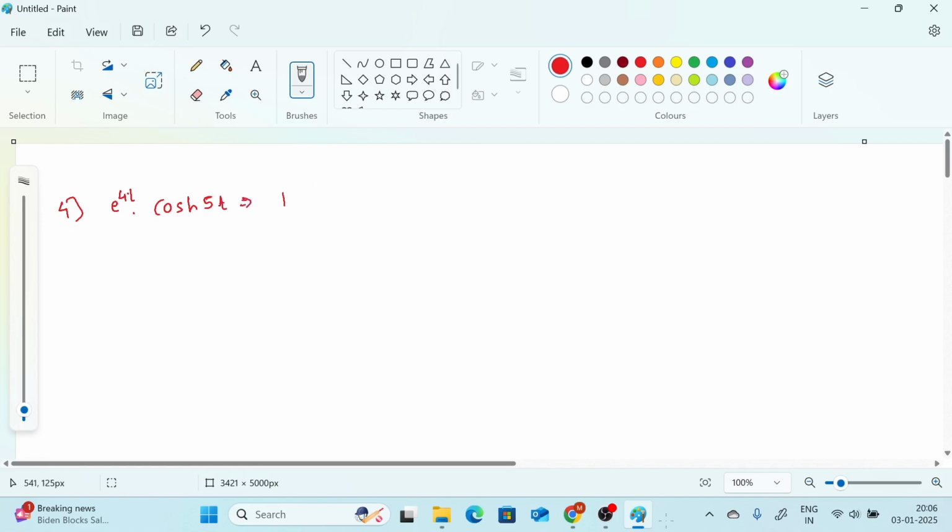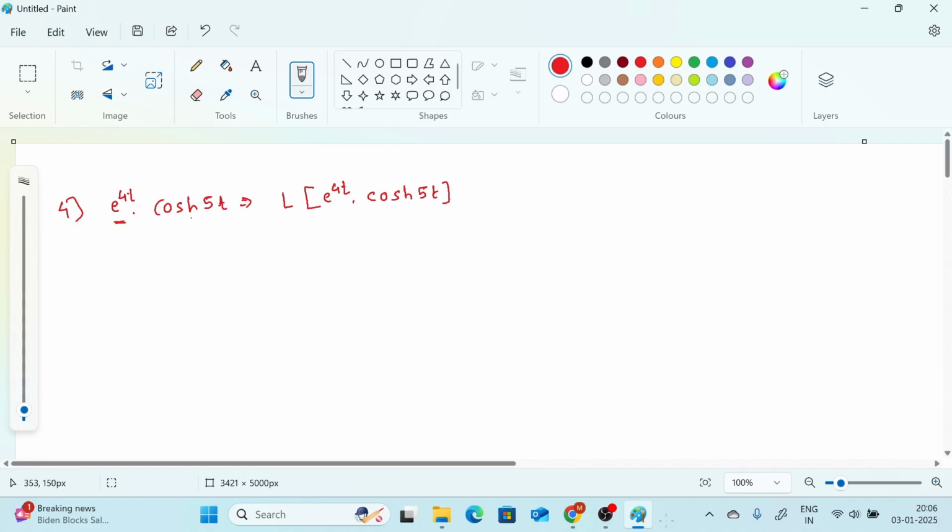Now what we have to do? We have to find Laplace of e raised to 4t into cos of hyperbolic 5t, right? Now what is the trick? It is multiplied by e raised to 4t, so we have to use the first shifting theorem.